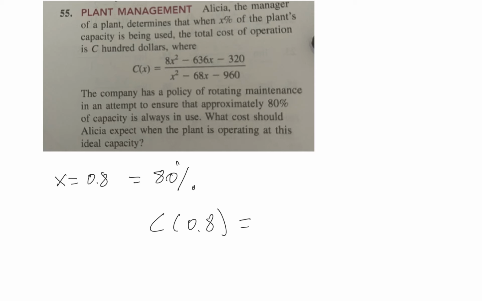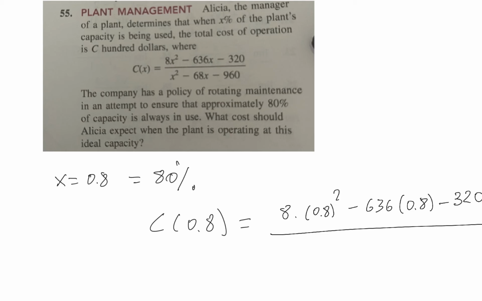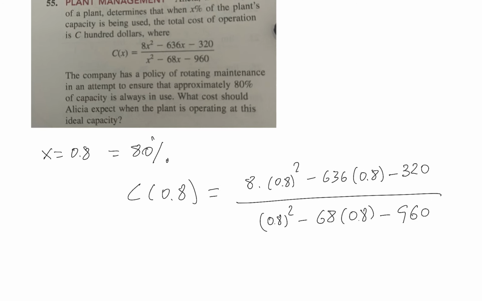And it will be 8 multiplied by 0.8 squared minus 63.6 multiplied by 0.8 minus 320, divided by 0.8 squared minus 68 times 0.8 minus 960. Now I should be sure that this expression is positive because the cost to operate should be something positive.